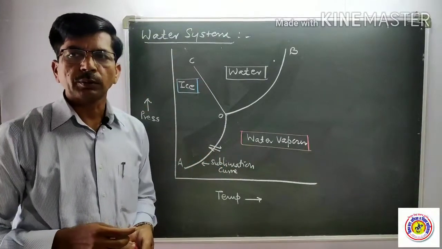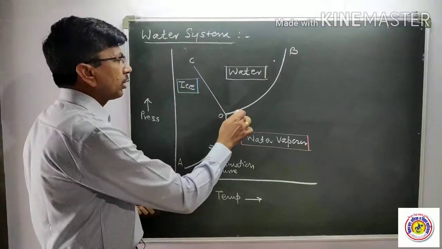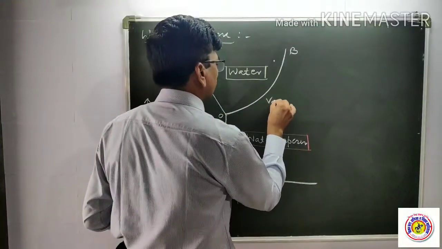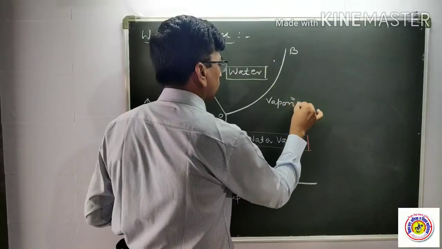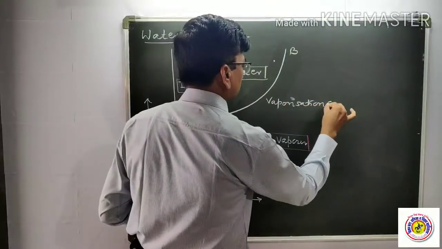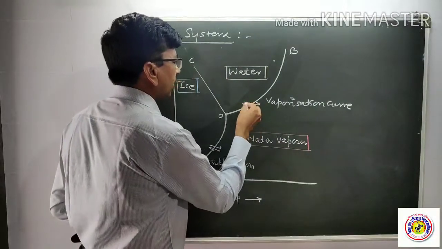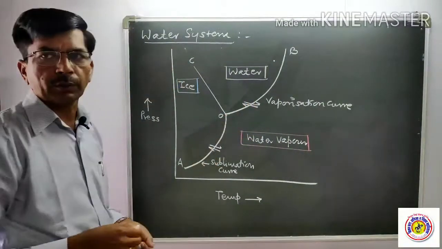While the curve OB is called the vaporization curve, where there is equilibrium between the liquid water and water vapor.